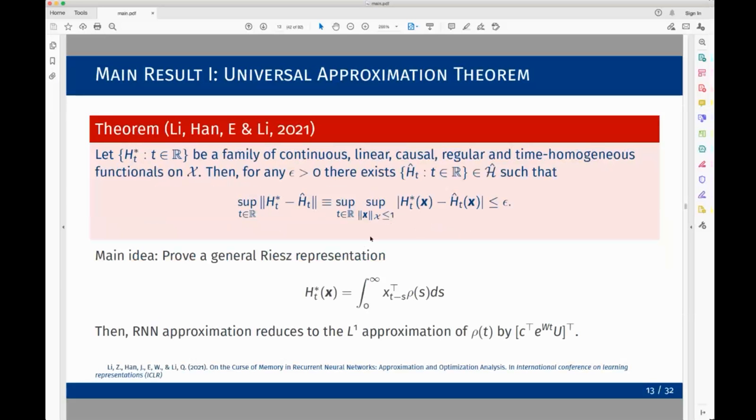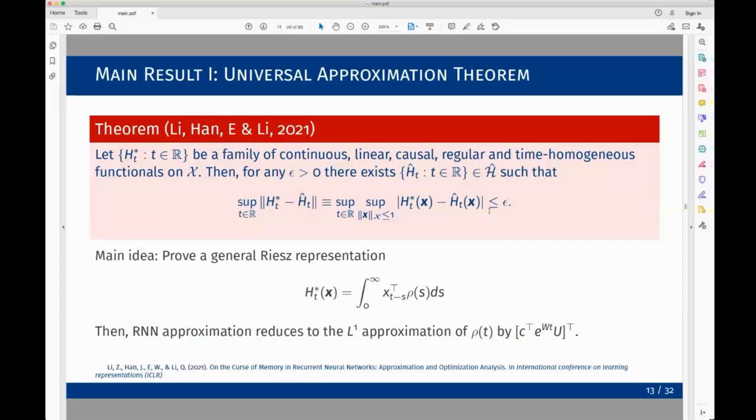Okay, then here comes our first result of the approximation theorems. Given these properties, as long as our target functional ht star is also a family of continuous, linear, causal, regular, and time homogeneous functionals on X, then within arbitrary precision epsilon, we can find a linear RNN functional in our hypothesis space H hat, such that the supremum norm between H star and H hat is no larger than epsilon.